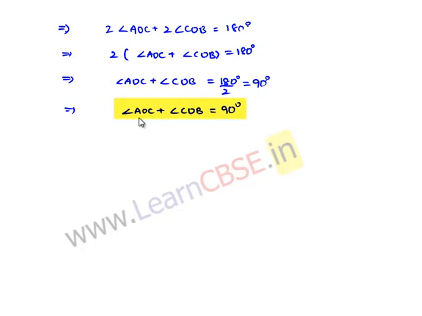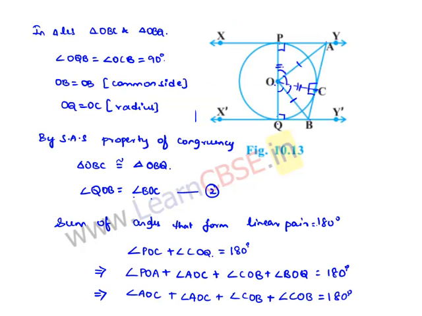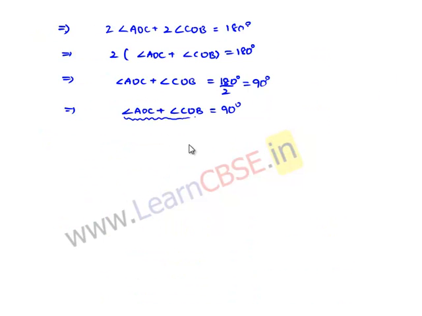Let us check in the figure. This sum is equal to which angle? Moving on to the figure, we see angle AOC plus angle COB is nothing but the whole angle AOB. Therefore, here we get angle AOB is equal to 90 degrees. This is the required proof for us.